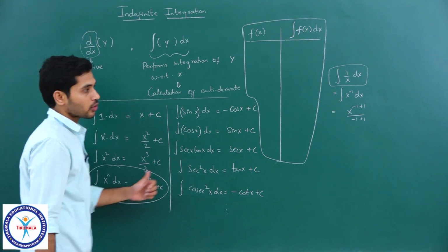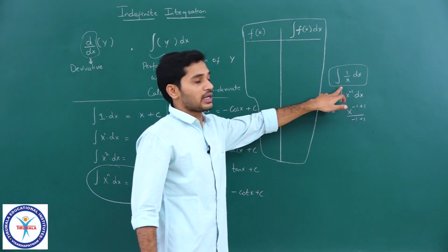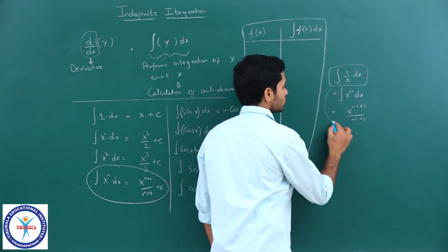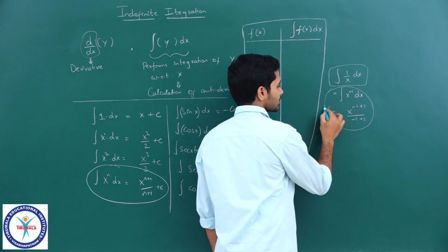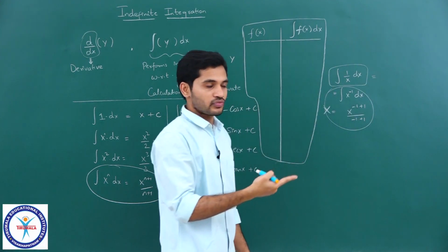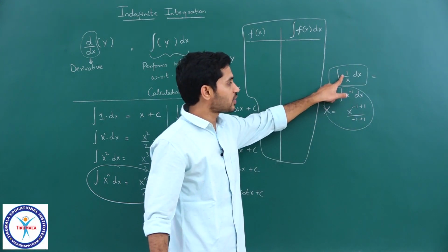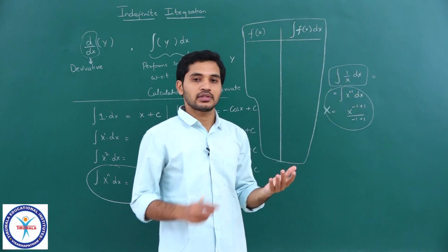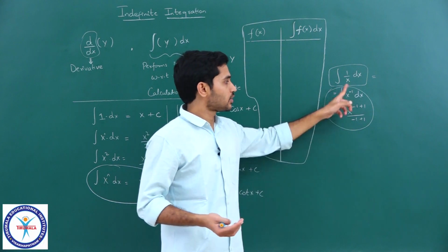This expression cannot be applied for integral of 1 by x dx, clear. So, this way of understanding is wrong. Now, think of it like this: which function, if I differentiate, gives me 1 by x? You know this, right, ln x. The derivative of ln x is 1 by x.